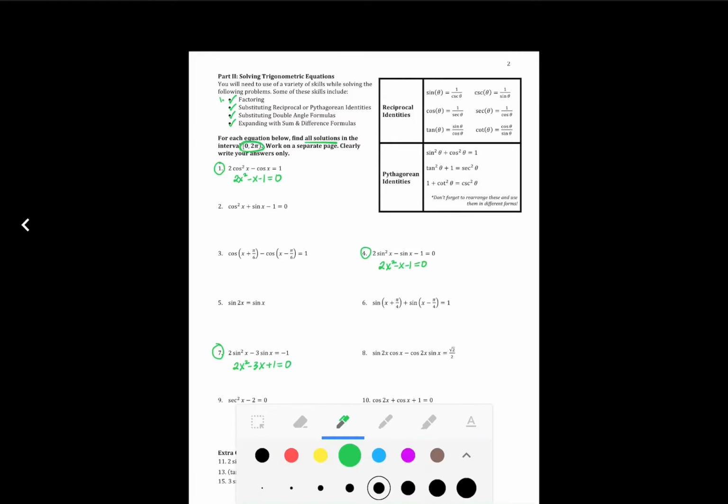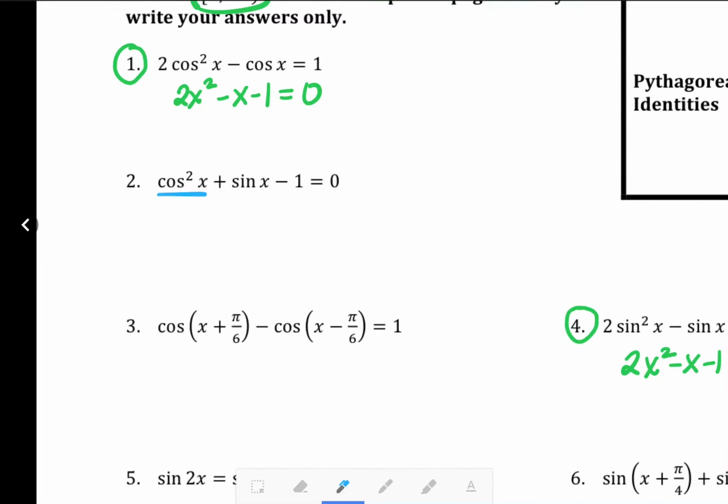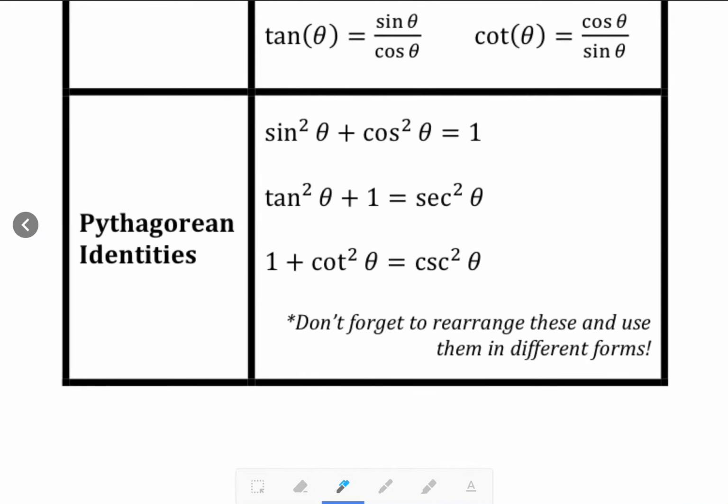Here's another hint for you guys. On number 2, these are not the same trig function. So while I want to factor, I can't. But can I make this guy into a sine? Well, I sure can. This Pythagorean identity right here can be rewritten as cosine squared theta equals 1 minus sine squared theta.